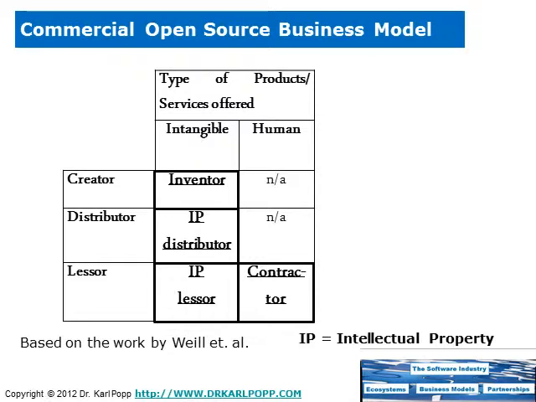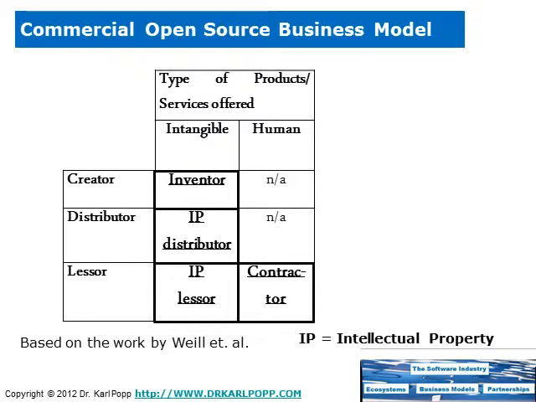On the left-hand side, you have different business patterns, if you like. A creator creates something, a distributor distributes something, and a lessor basically rents or allows use for some time of certain products.